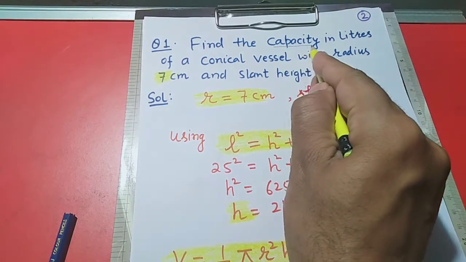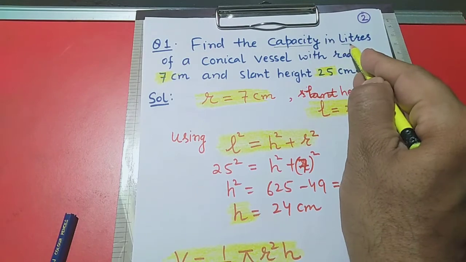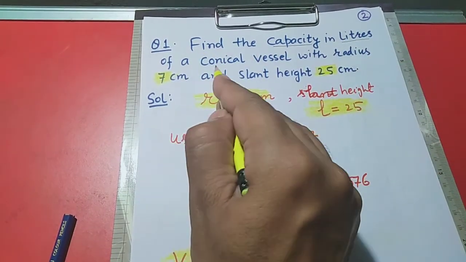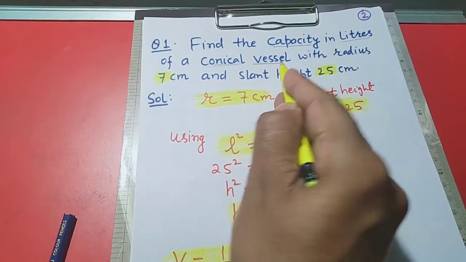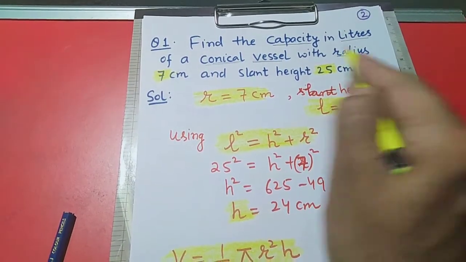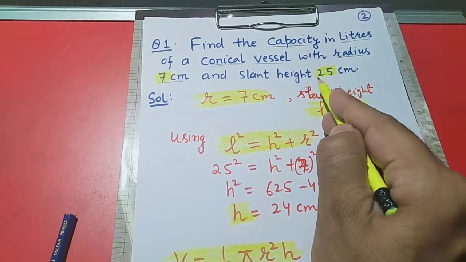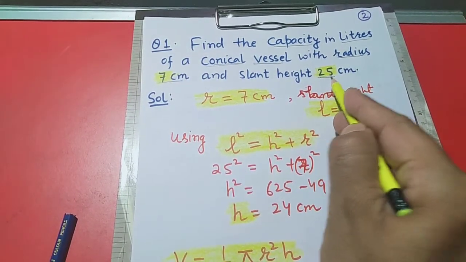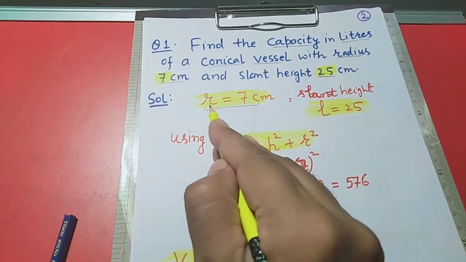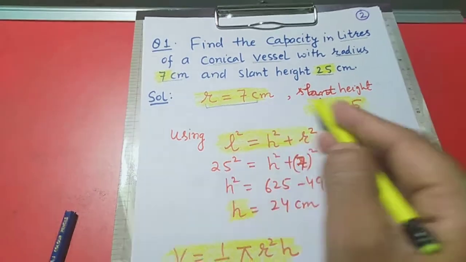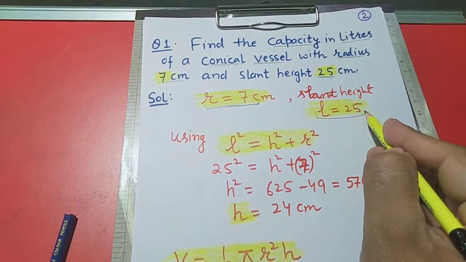Capacity means we have to find the volume and tell it in liters, of a conical vessel, that is a cone, whose radius is 7 centimeter and whose slant height, that is L, is 25. First of all, we note what is given: r is equal to 7 centimeter and slant height L is equal to 25 centimeter.